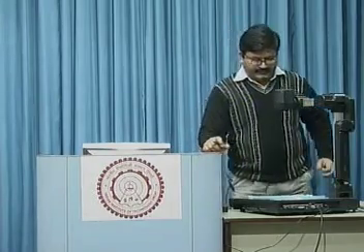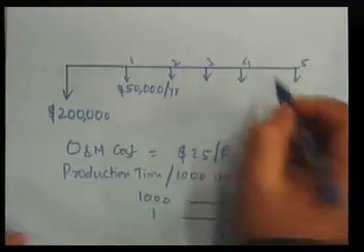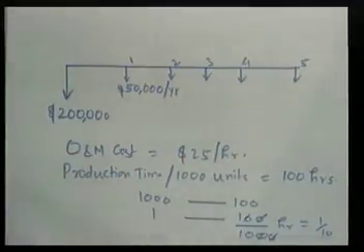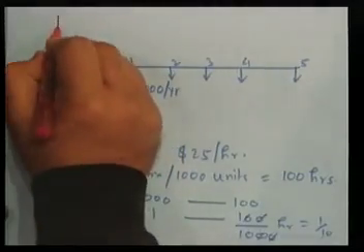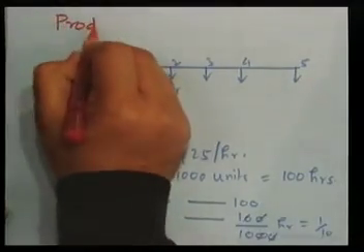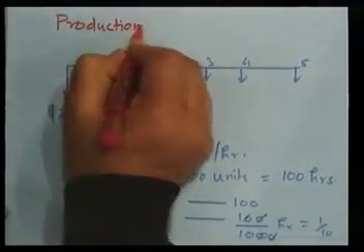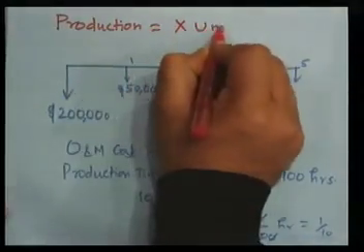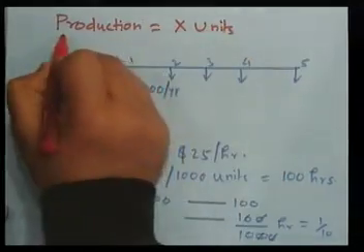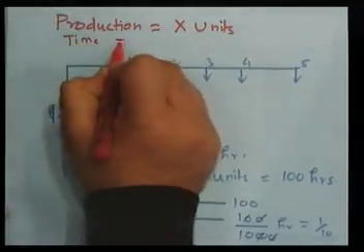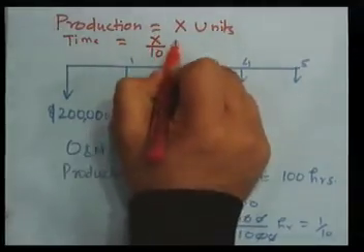Now, let us assume that I am producing X units. For producing X units, I will be taking X by 10 hours.